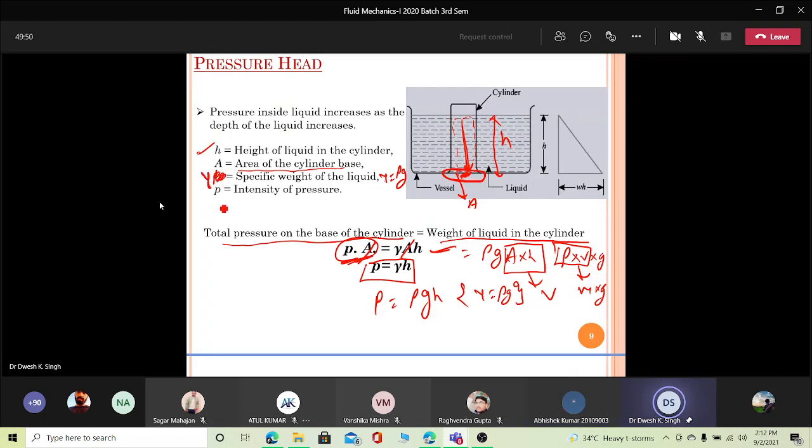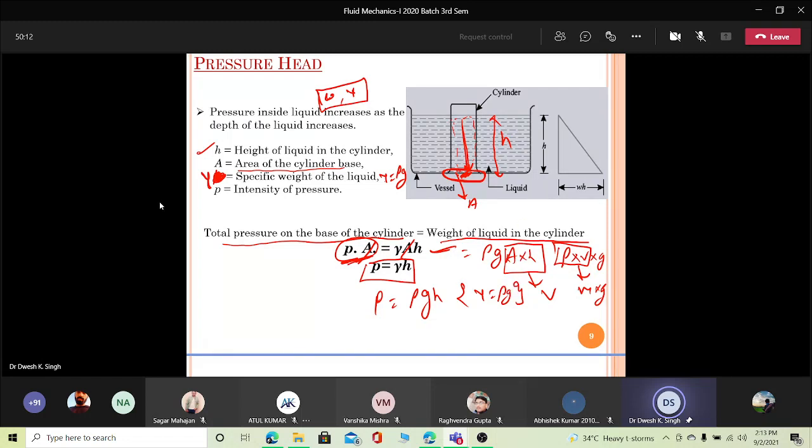This is gamma. Somewhere you will find omega, like W, and somewhere you will find gamma. These are two very common notations of specific weight, and you will find both in the books. I think that is why this has occurred here.